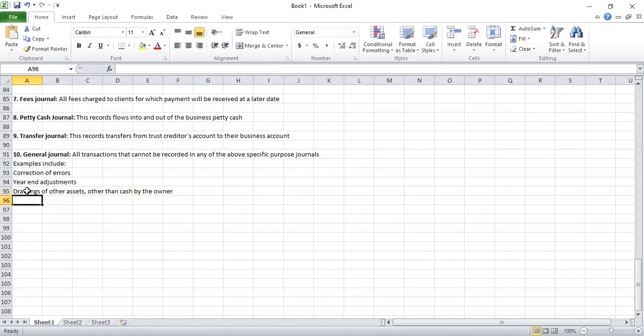If they take cash, it will be recorded in the cash payments, right? Purchase of non-current assets on credit. Sale of non-current assets on credit.